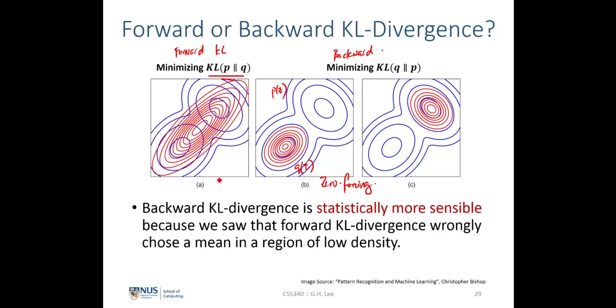And in the zero avoiding case, where we optimize over the forward KL divergence, this is statistically less sensible, because the peak of our proposal distribution Q(Z) is right at the valley of this bimodal target distribution that we wish to approximate. Hence, our choice would be simply to use the backward KL divergence in the variational inference approach.